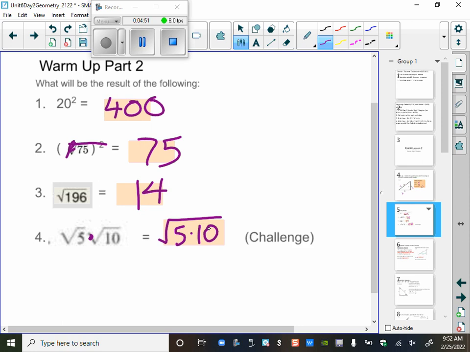This was a rule from, I want to say, Algebra 1, but I know last year was a little weird. But anytime you have a radical times another radical, just multiply the two numbers under one radical. And then, what's 5 times 10? 50.